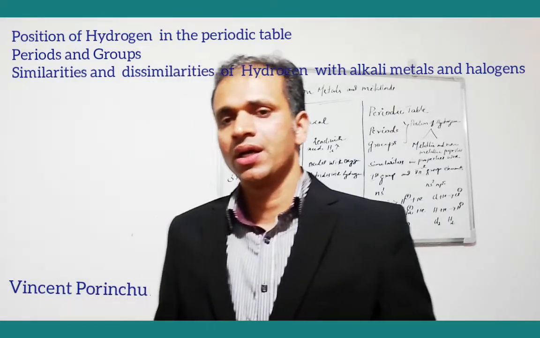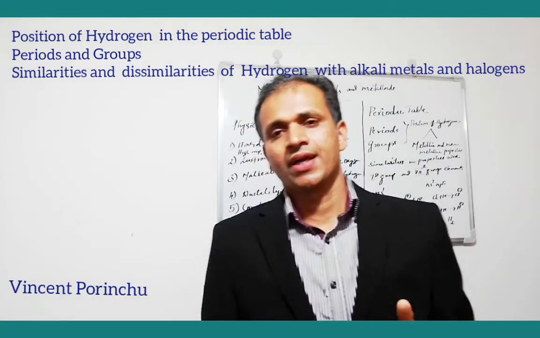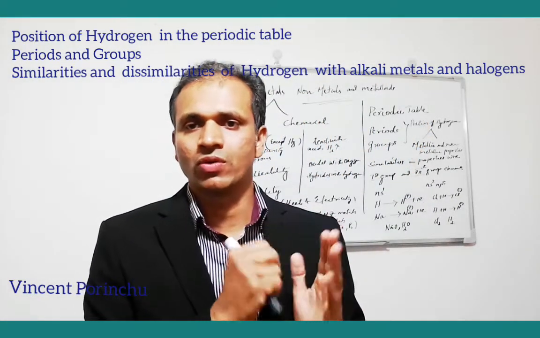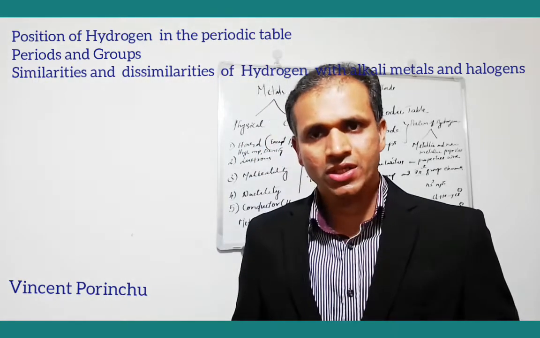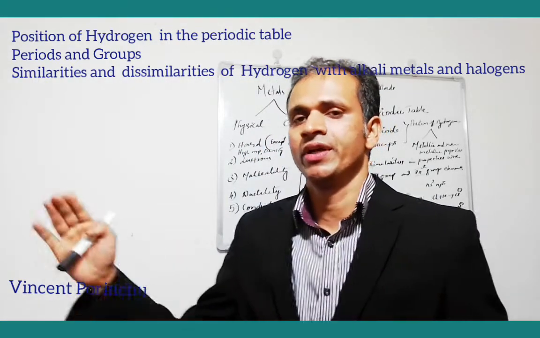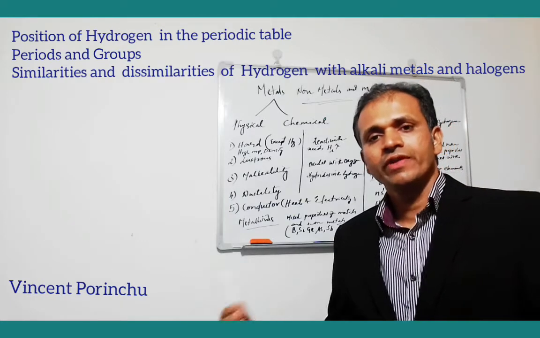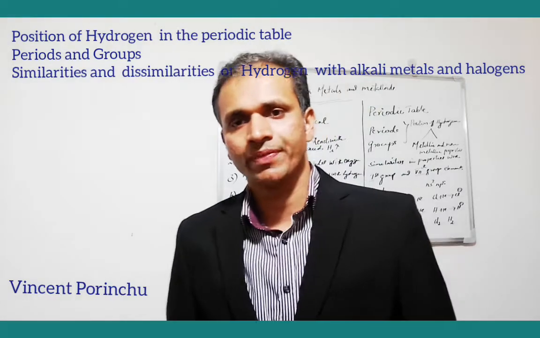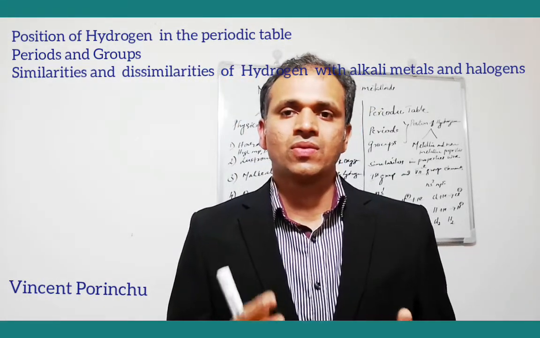But hydrogen, in most cases, shows many resemblances with the first group elements. At the same time, hydrogen shows many similarities with the seventh group elements. When we analyze the electronic configuration of a hydrogen atom, we know the atomic number of hydrogen is 1.